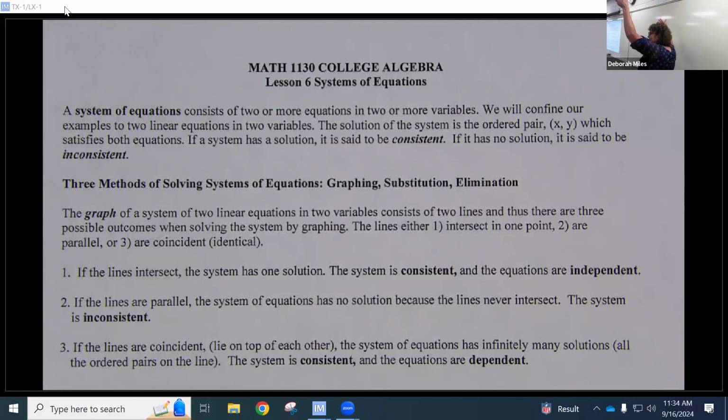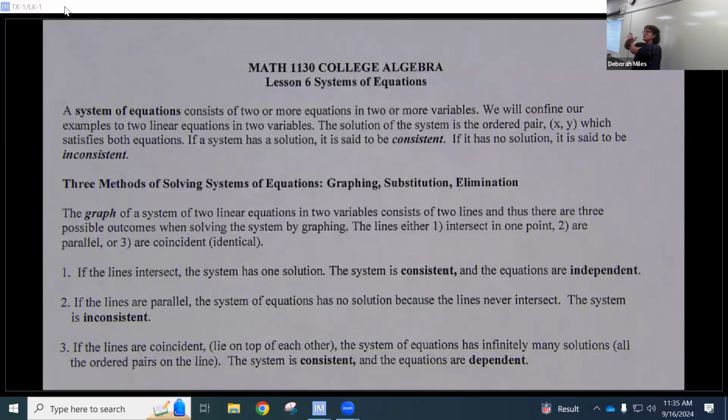This is all the ordered pairs that make one of the equations true. This is all of the ordered pairs that make the other equation true. So what can you say if those 2 lines cross in one point? I mean, what do you think? Well, mine kind of looked perpendicular. I didn't necessarily mean that. Let me make them not look perpendicular.